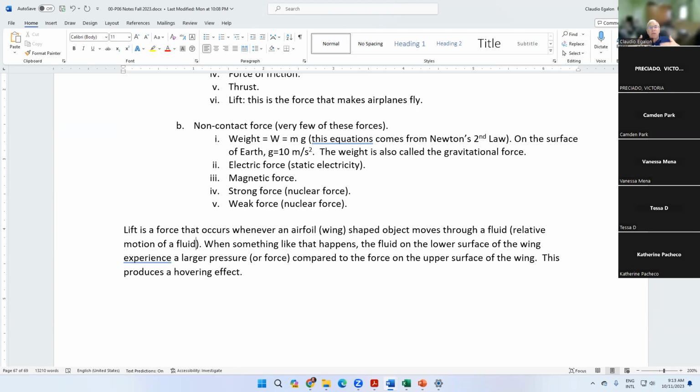You can just have a very strong wind coming towards you, and if you have an airfoil, the airfoil will be able to hover over the surface. You have to move with respect to the fluid, the fluid being either air or water. So it's kind of a funny force. It's not easy to visualize because of the unique shape of airfoils.